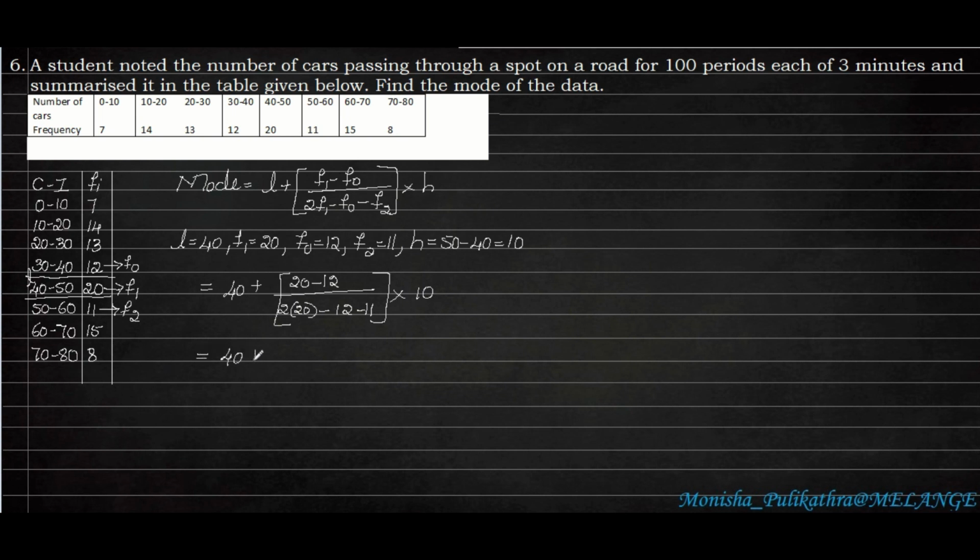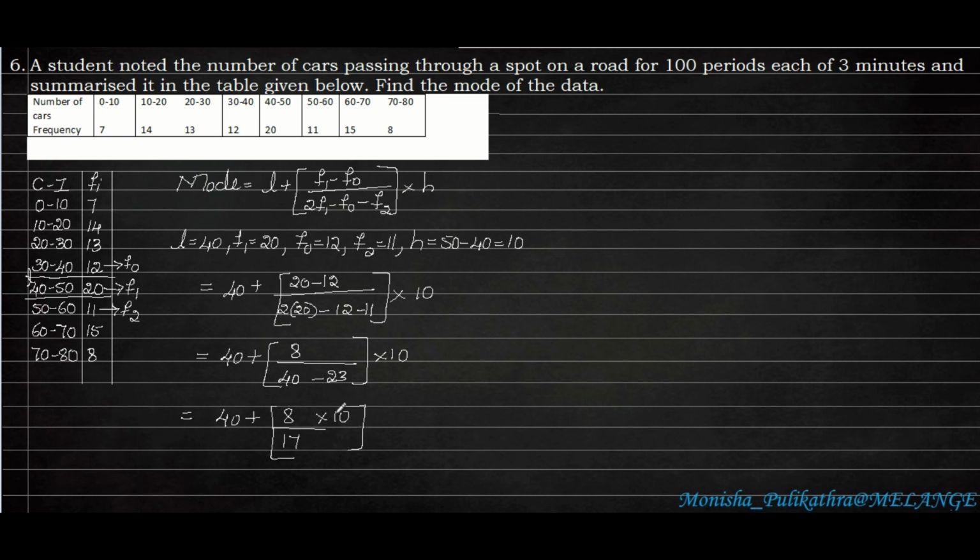So 40 plus 20 minus 12 is 8, divided by 2 into 20 is 40, minus 12 minus 11, so we add these and get 23, that is 40 minus 23, into 10. So next 40 plus 8 divided by 40 minus 23 is 17, into 10.